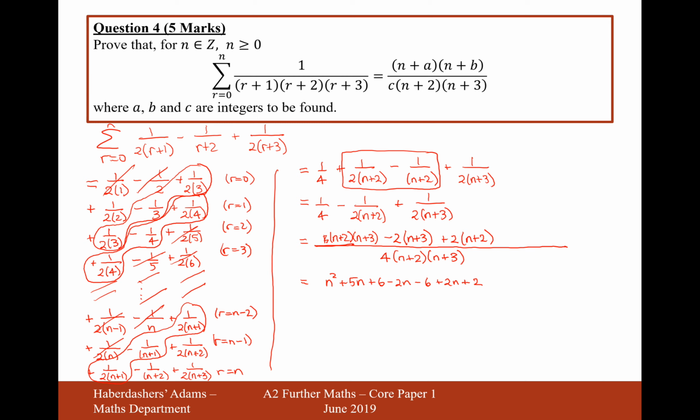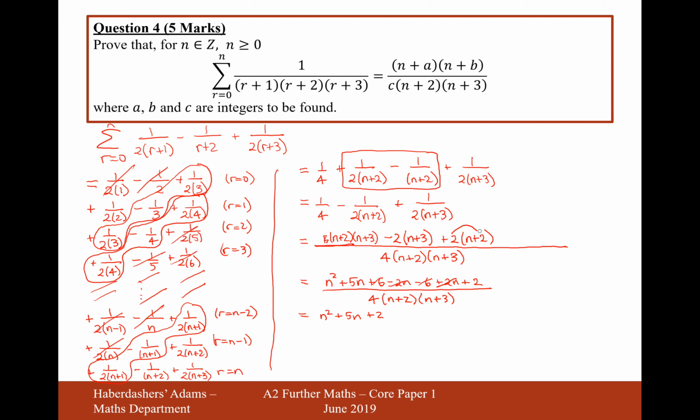The 6 and the minus 6 will cancel each other out, and then we'll just have to simplify it all together. So over 4(n+2)(n+3). When we simplify all this down, it's going to be n squared, 5n minus 2n plus 2n. Oh yeah, we can cancel those bits out, so it'll be plus 5n. And then it will be plus 2.